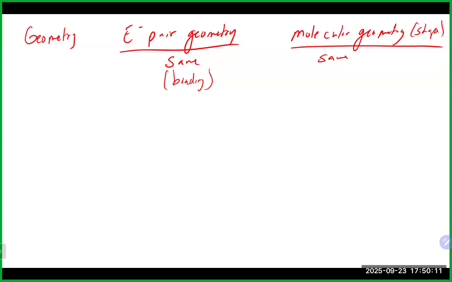Both the electron pair geometry name and the molecular geometry name will be the same, because essentially in that situation, as those electrons move, they're attached to the atom, and that atom they're bonded to will also move with them, and they'll end up in the same geometry. It's only when we incorporate non-bonding electrons, or lone pairs, on the central atom that we end up with a different molecular geometry name.